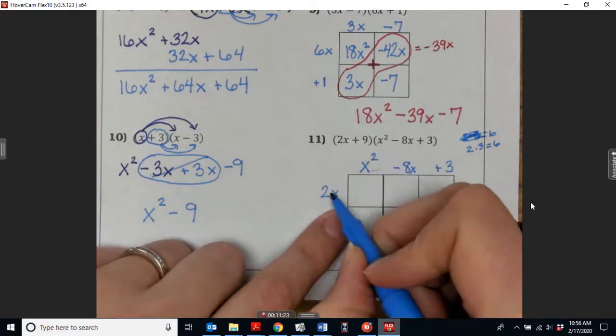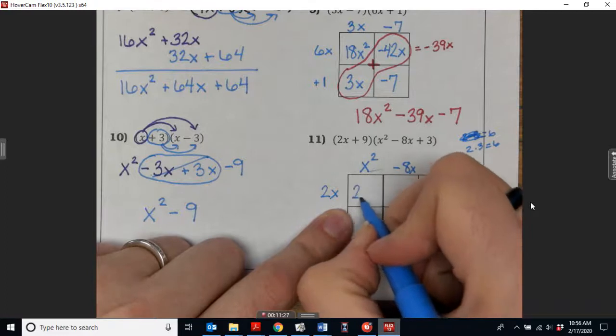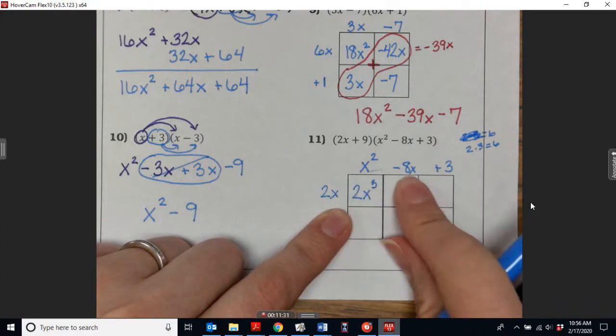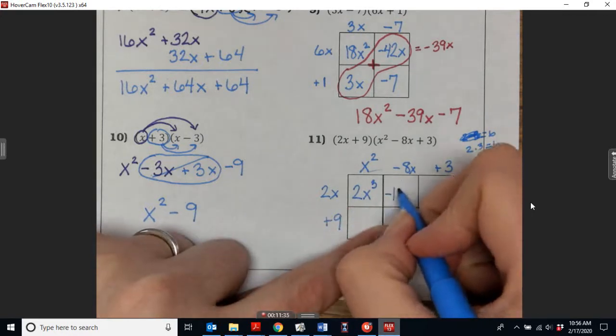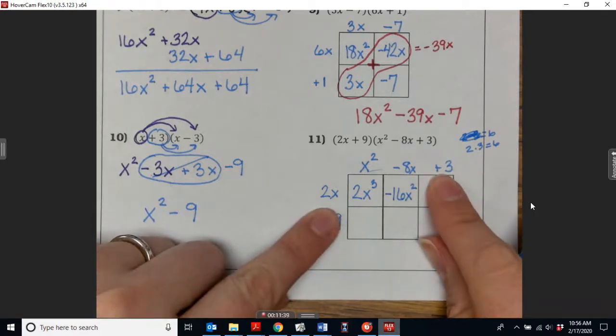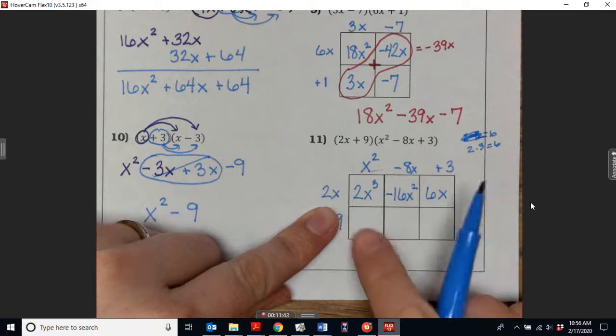So this is 2x times x squared, which is 2x to the 3rd power. And then 2x times negative 8x gives me negative 16x squared. And then 2x times 3 is 6x. I'm going to come down here.